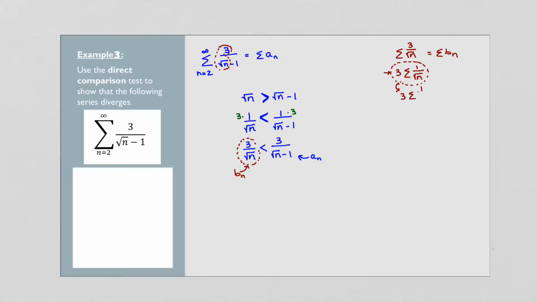It's a p-series in disguise. Square root of n is n to the 1/2. This is a p-series, and in this particular p-series, my power is 1/2. 1/2 is smaller than 1, and so that tells me that this particular p-series diverges.